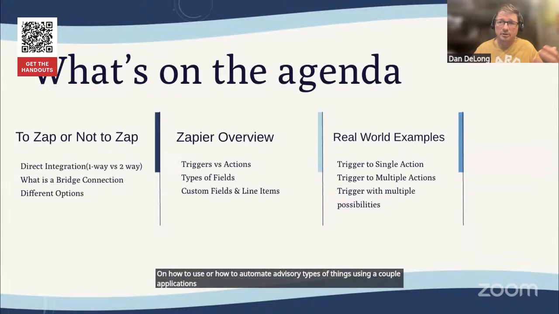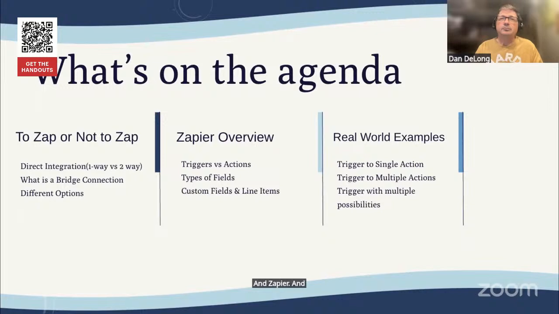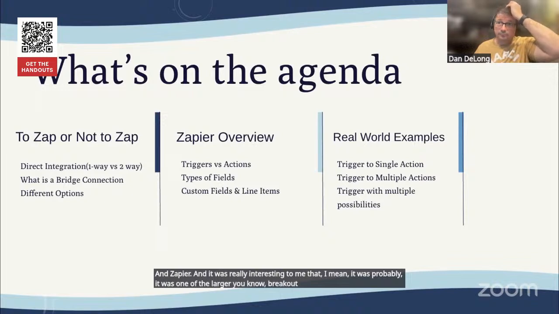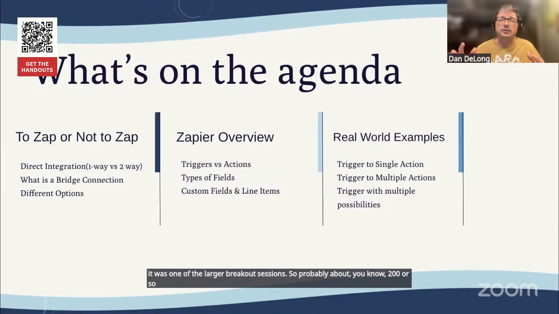One was Process Street, which is a workflow automation task manager, practice management type of thing, and ChatGPT and Zapier. It was really interesting to me that it was one of the larger breakout sessions, with about 200 or so capacity.